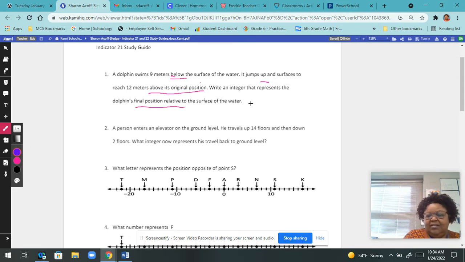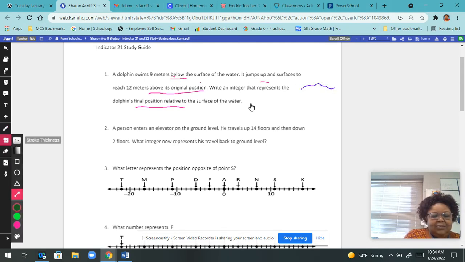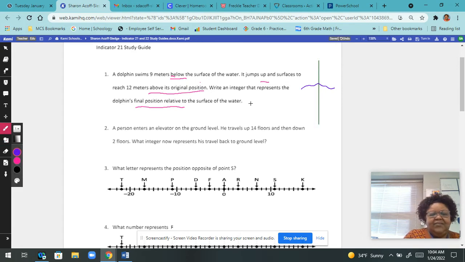So I'm going to draw the surface of the water here in blue. And let me use my shapes tool to draw a line here. So I'm going to draw my straight line. Okay. So now let's fill in some stuff. He starts out 9 meters below the surface of the water.